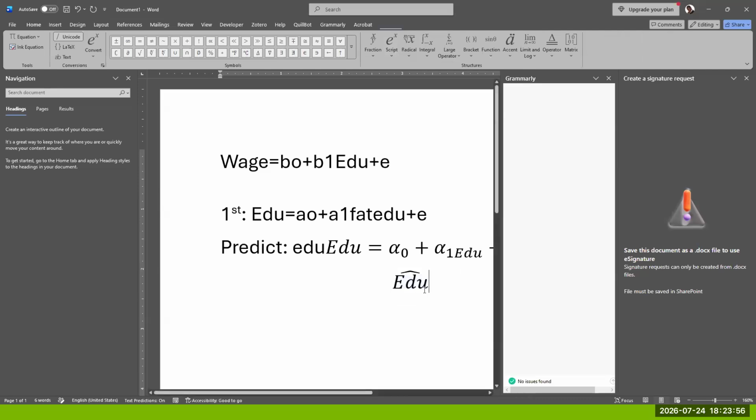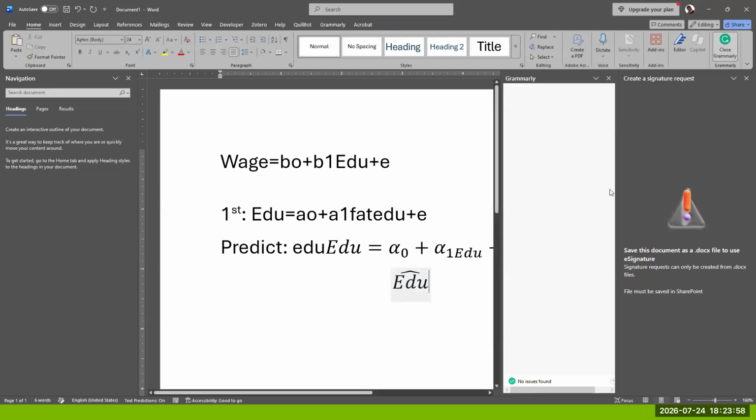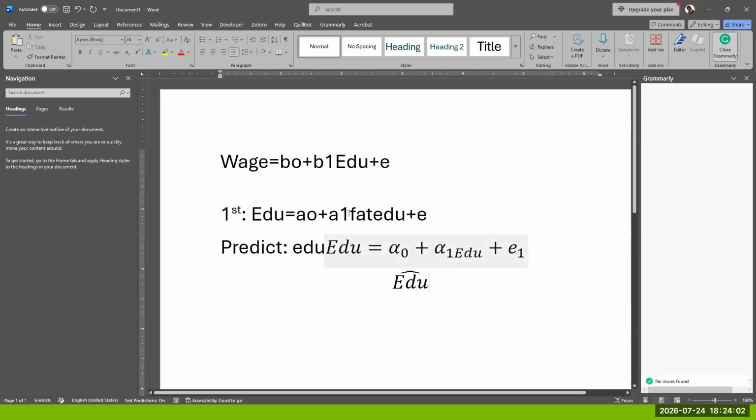This is what I'm talking about. So this education hat now factors in the father's education. So you move to your next stage, which is the second stage.